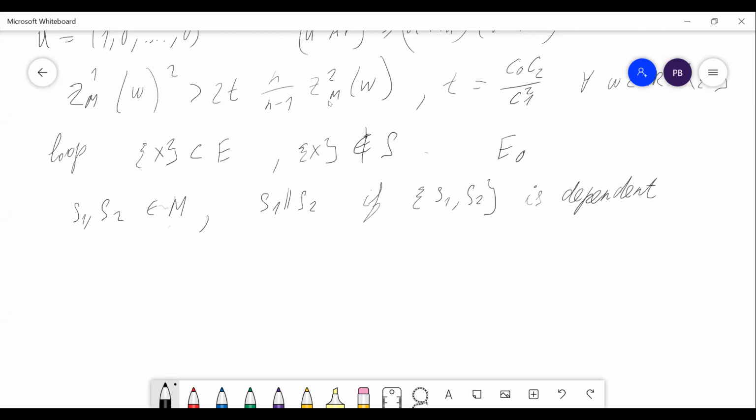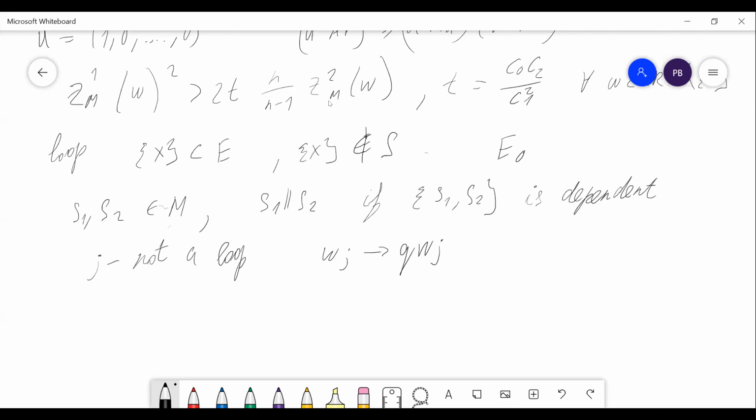So we want to do a change of variables. If we have G that is not a loop, we distinguish it by sending WG to QWG.